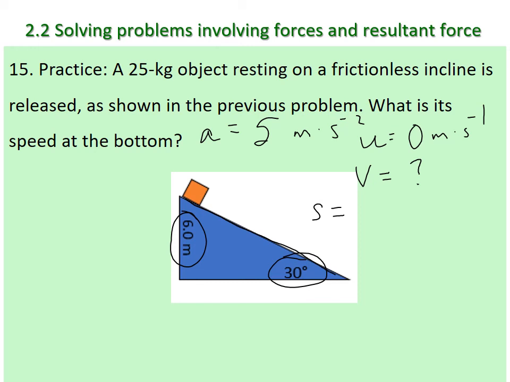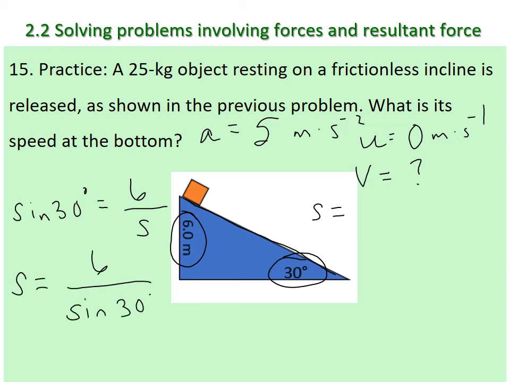So sine of 30 degrees equals 6, which is the opposite side, divided by the displacement, s, down the ramp. So s equals 6 divided by sine 30 degrees.